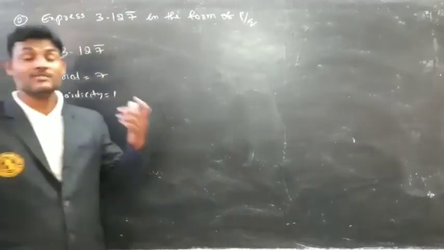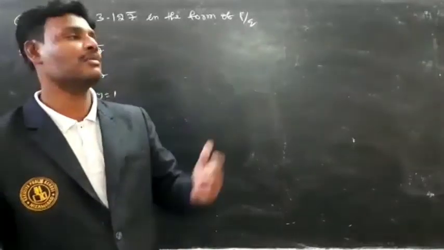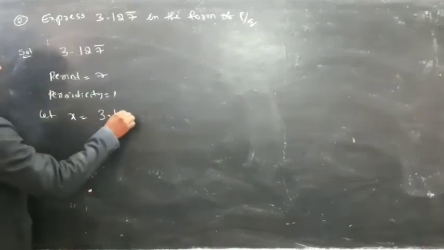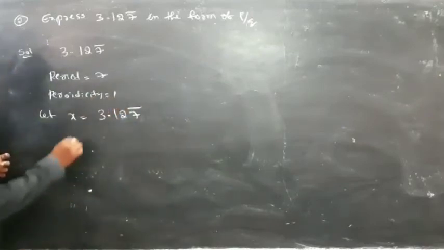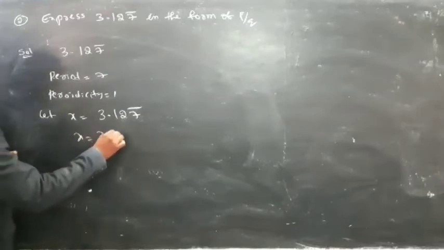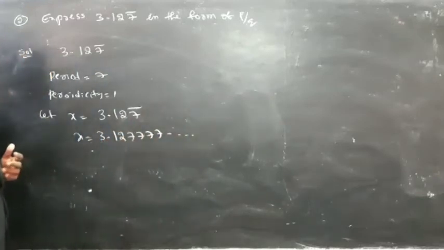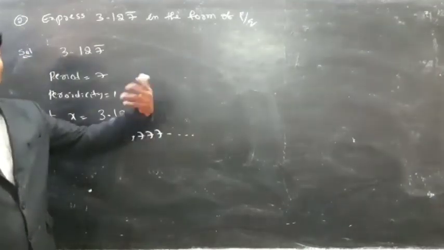If periodicity is 1, you have to multiply with 10 on both sides. Let x equal 3.127 bar. It means x is equal to 3.12777 and so on. Why? Because this is a non-terminating but recurring decimal.